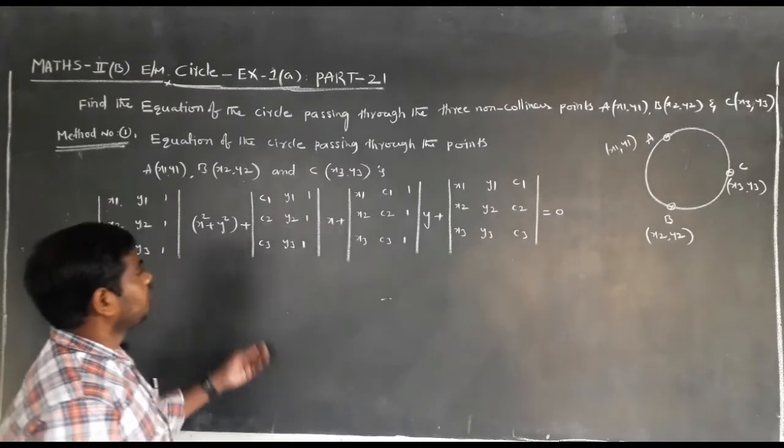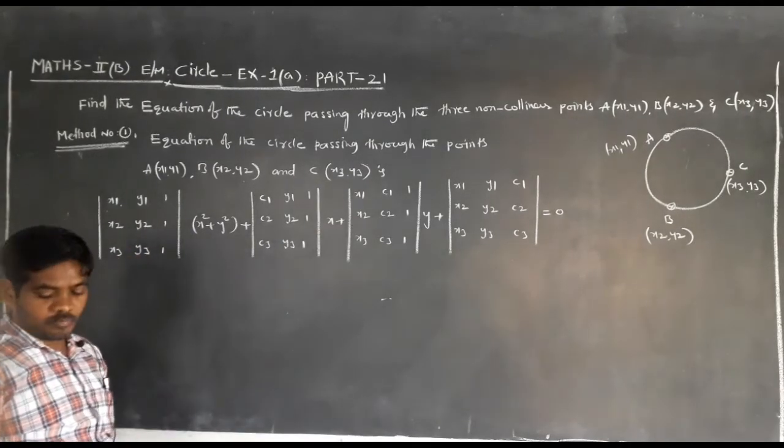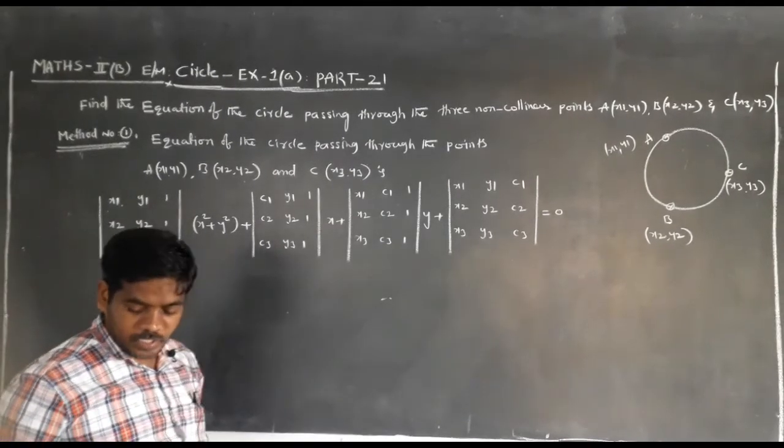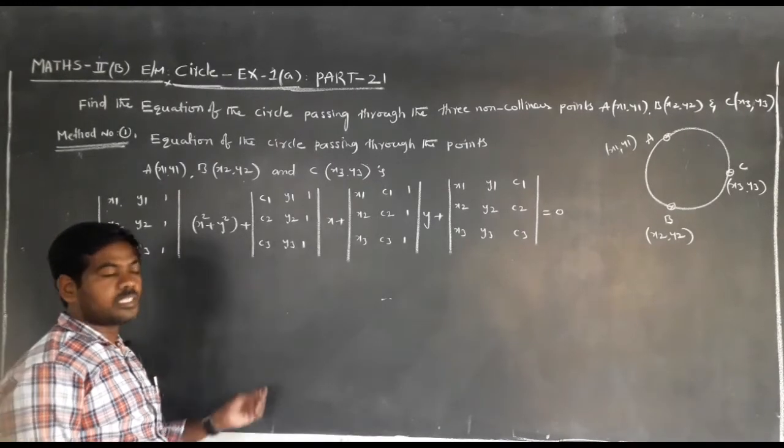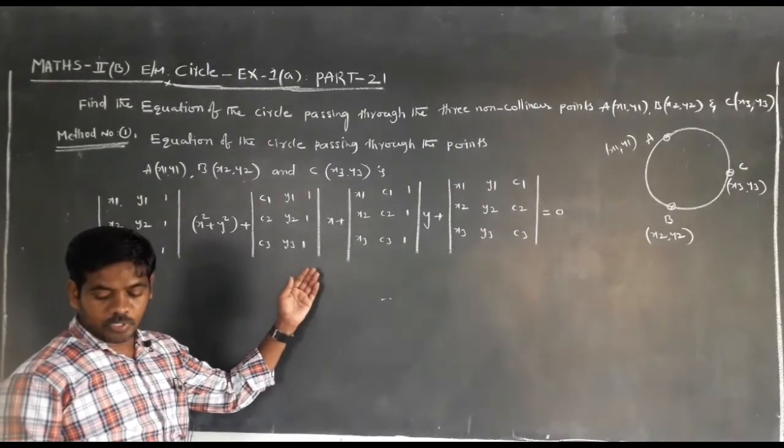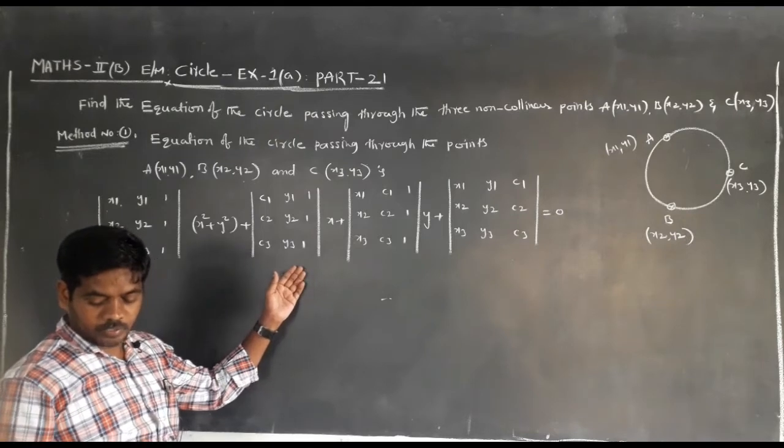This is the formula for finding the equation of the circle passing through the three non-collinear points.